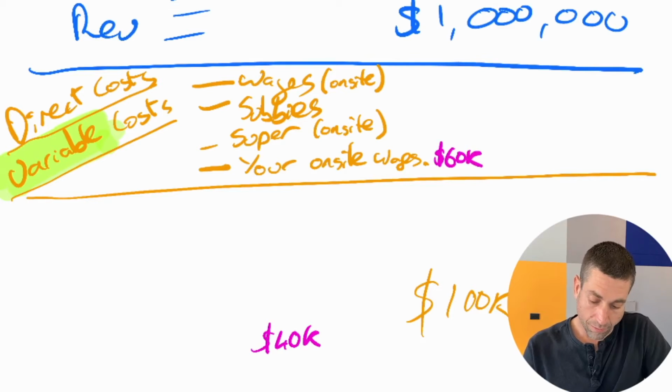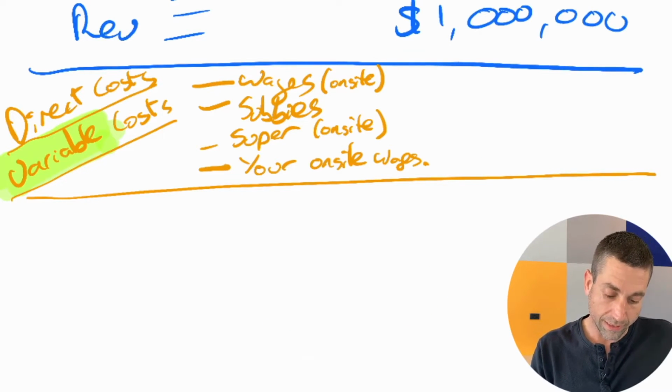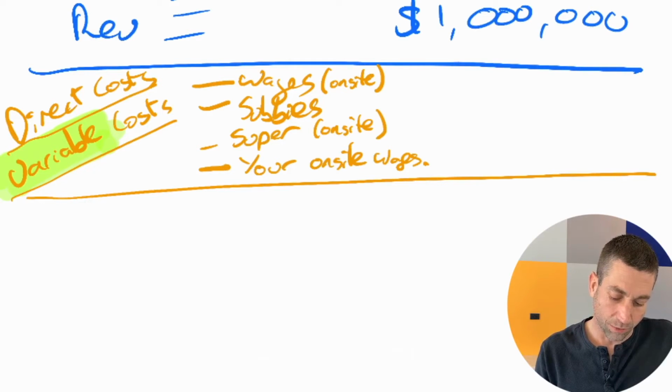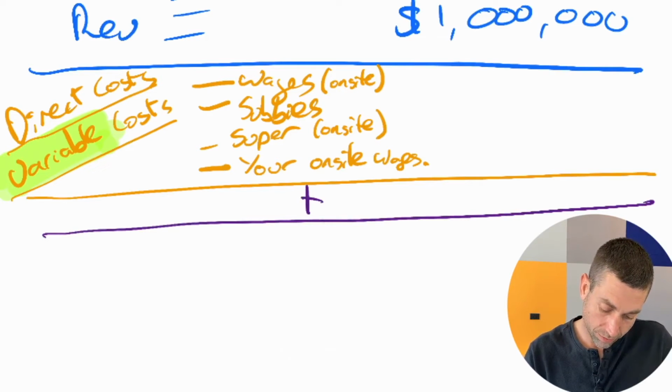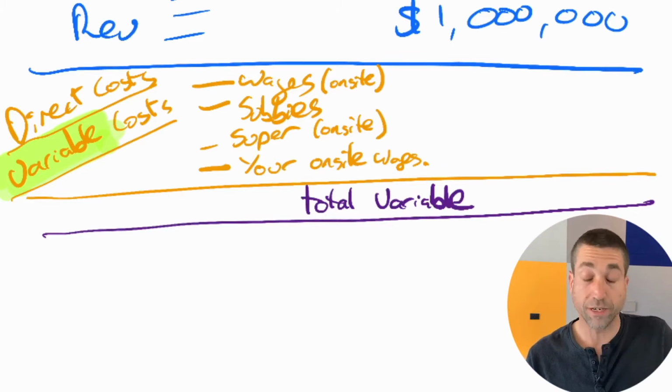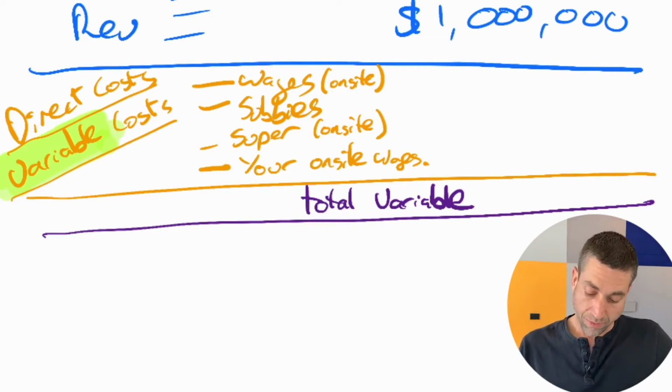So, what we do is then, this is where people start to get lost, because until this point it's easy, right? You get a total of variable costs. Often your accountant will set it up as total cost of goods sold, total direct costs.